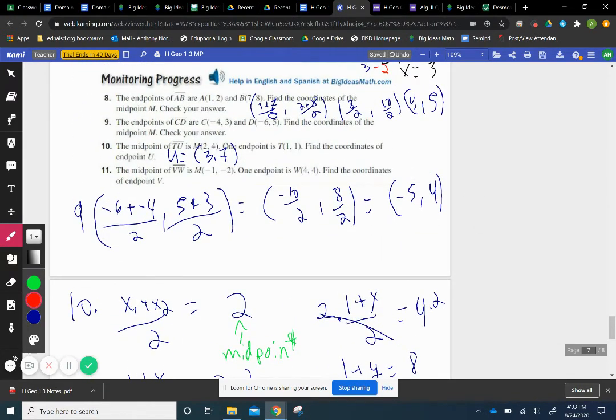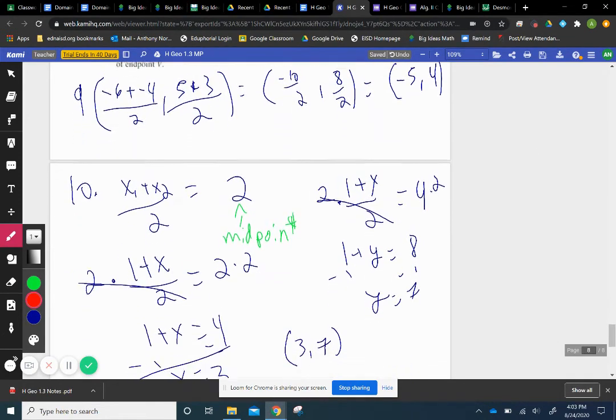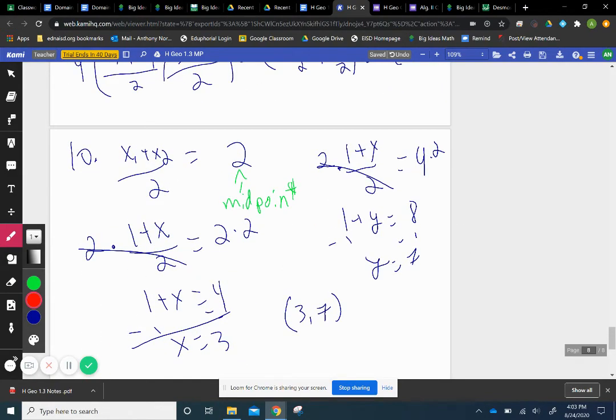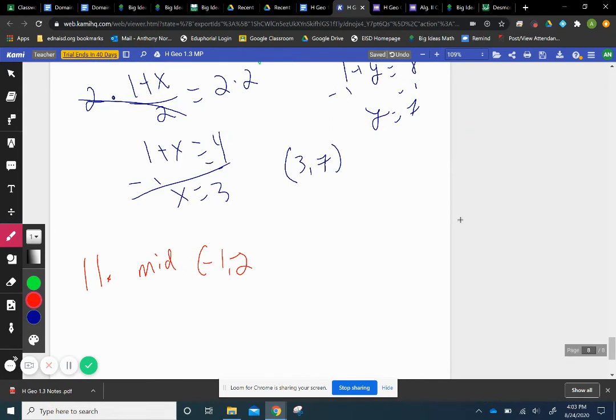They're giving us our midpoint and endpoint again, right? Well, I'm not going to use the formula. I'm going to think my way through it. This is the midpoint: negative 1, comma, negative 2. And our endpoint is 4, comma, 4.